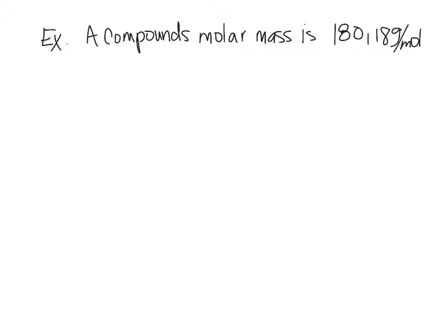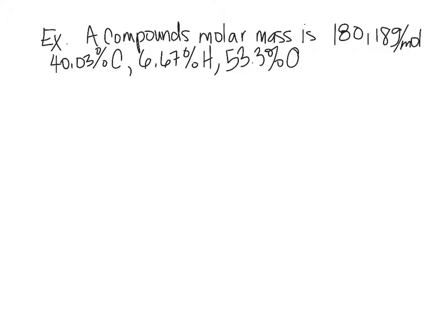The percents for the elements are 40.03% carbon, 6.67% hydrogen, so you have to take the molar mass, multiply it by the percents, divide it by the actual molar mass for the element, and that will give you your ratios.